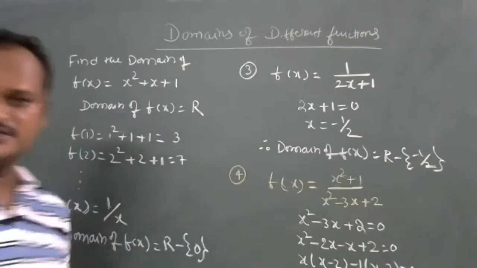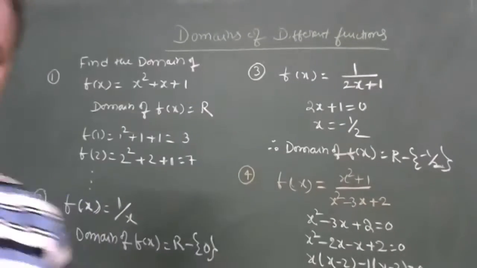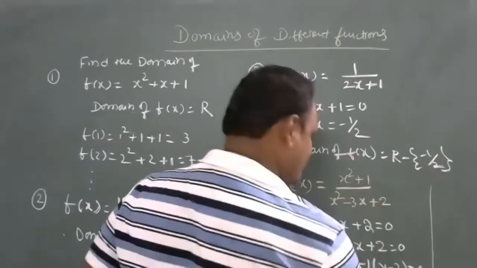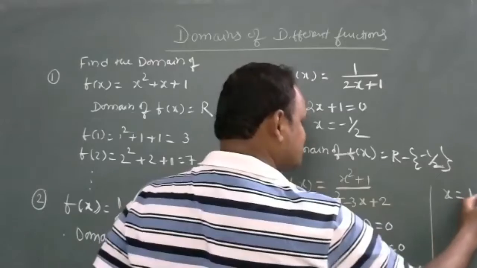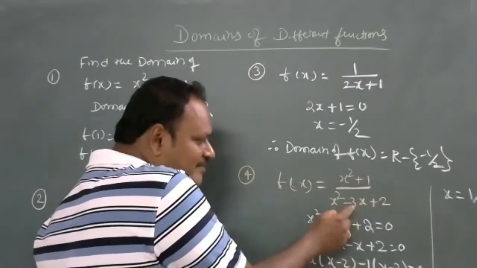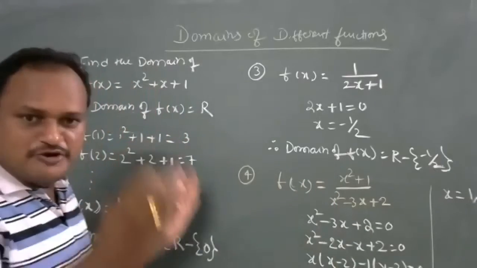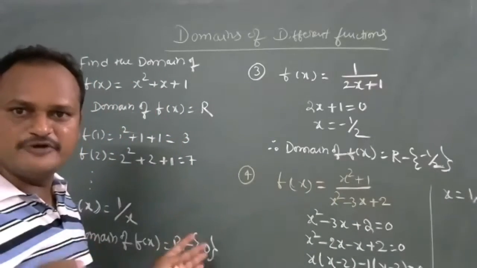You see, my dear students, x equal to 1 comma 2. Okay, fine. That means for 1 and 2 the denominator becomes 0. If it is 0, the output value becomes undefined.